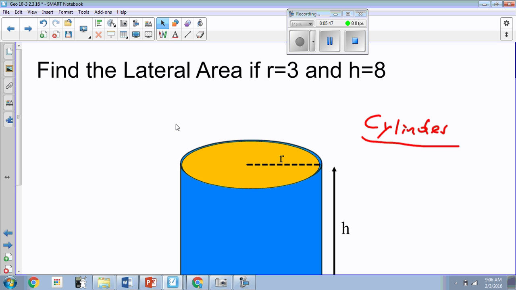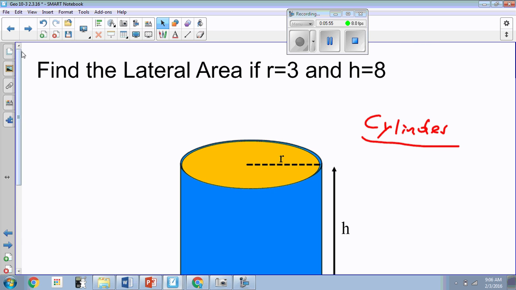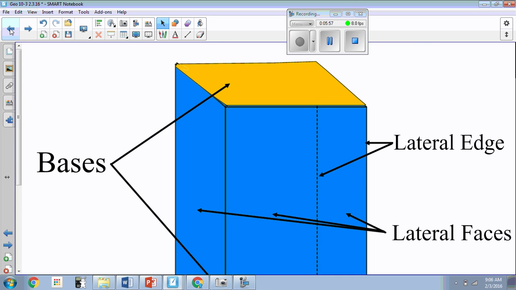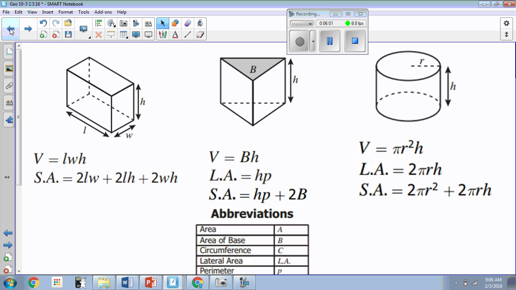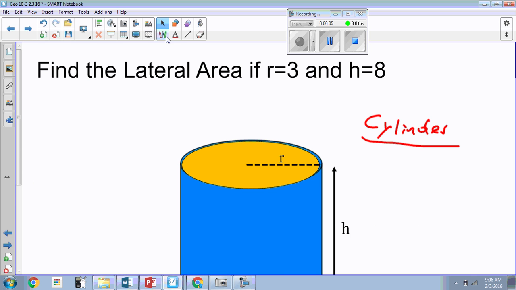Okay, lateral area, if r equals 3 and h equals 8, we're just plugging into a formula here. So we want to refer to our correct formula, and if I switch back real quick, I'm looking at a cylinder. Lateral area is 2 pi r h. And get in the habit of looking at your formula sheets.